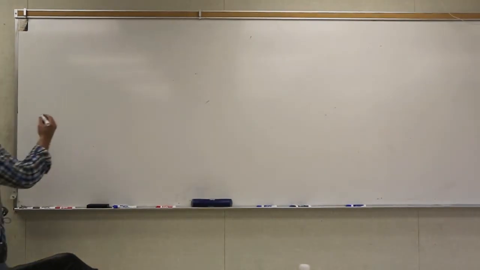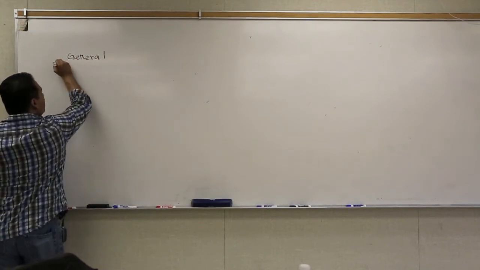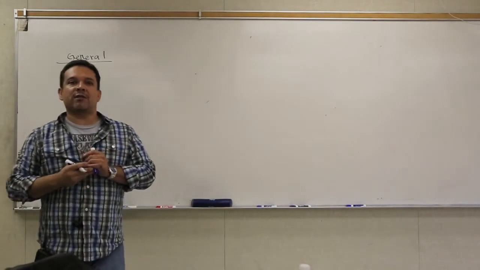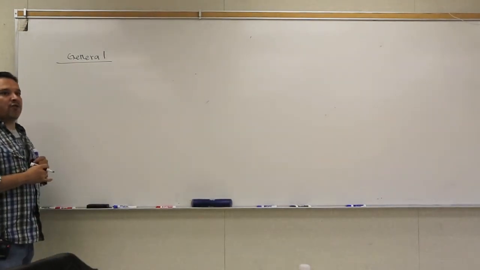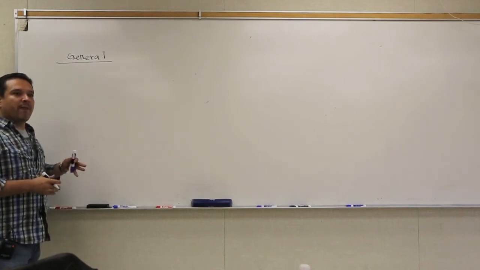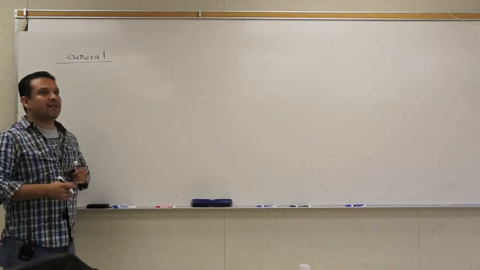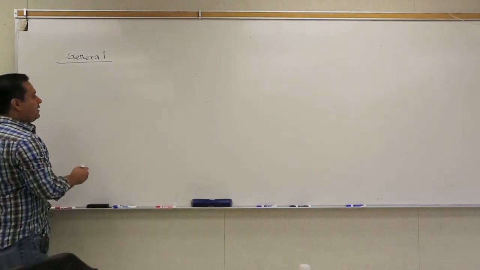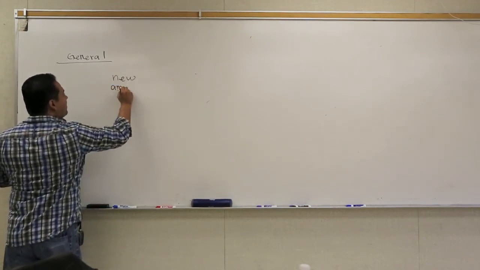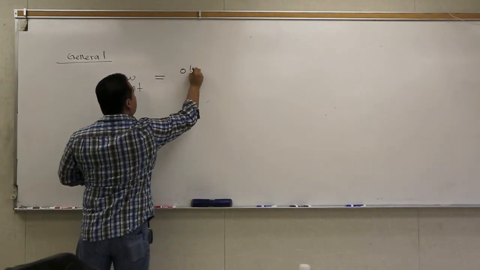Okay, so I want you to look at this a little more general. We have two kinds of situations. The last two examples we worked with have something in common, but they're also different. So I want you guys to get used to this idea that in one case, we have a new amount. Who knows what that number is? And that is based on an old amount.